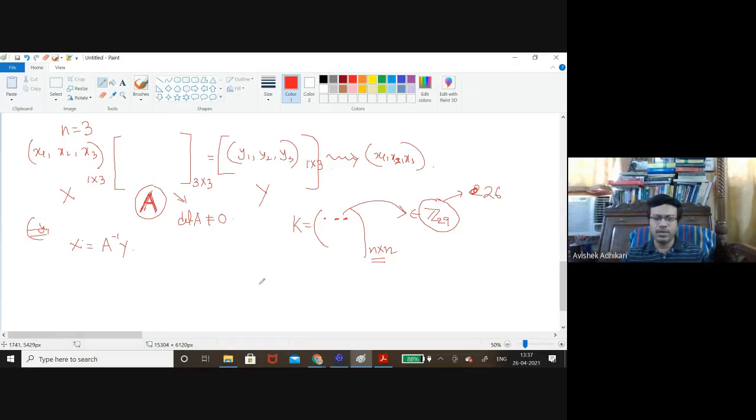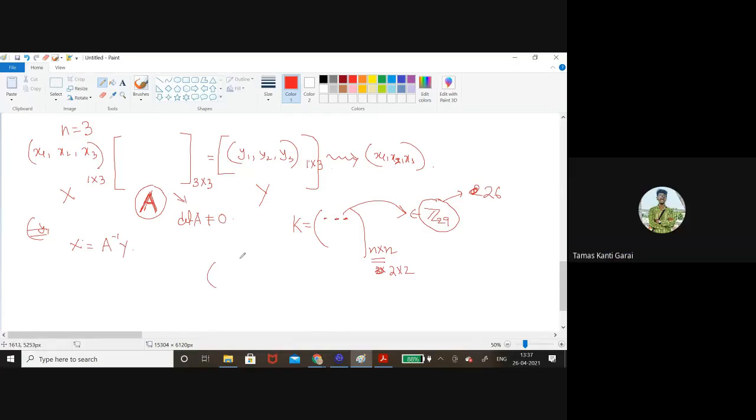For simplicity, make it 2 cross 2. How many 2 by 2 matrices are there with entries from Z29 which are non-singular? Quickly, anybody tell me.